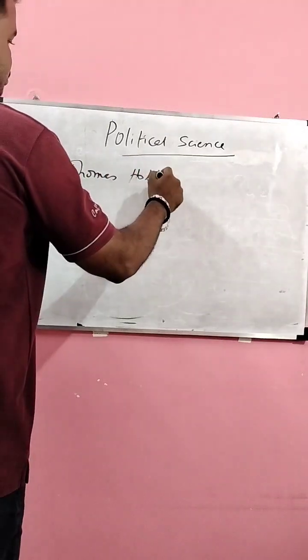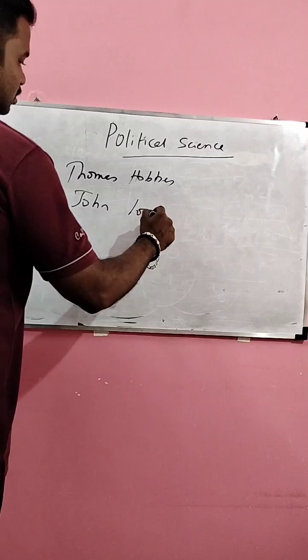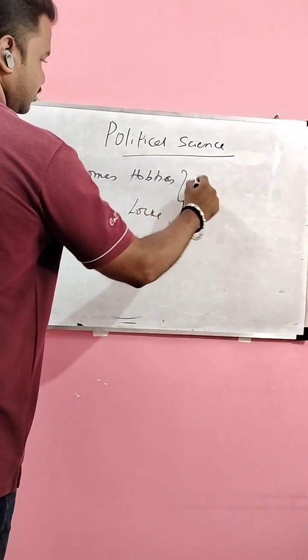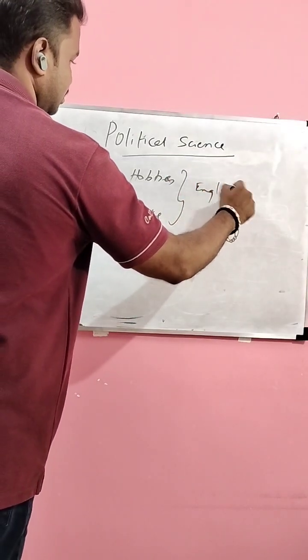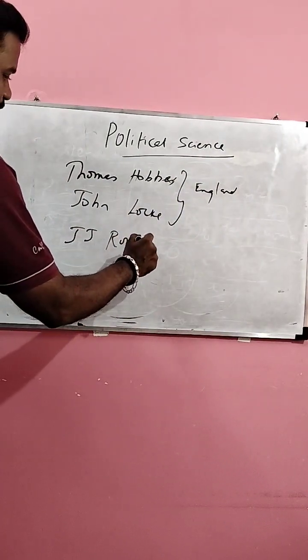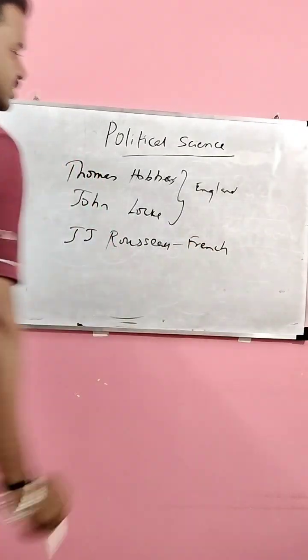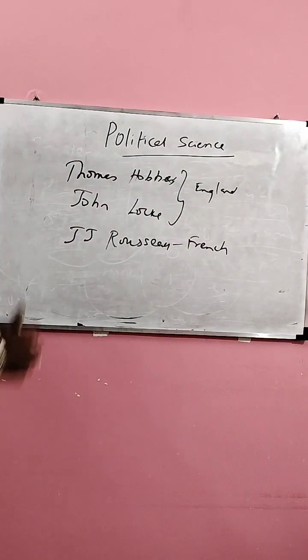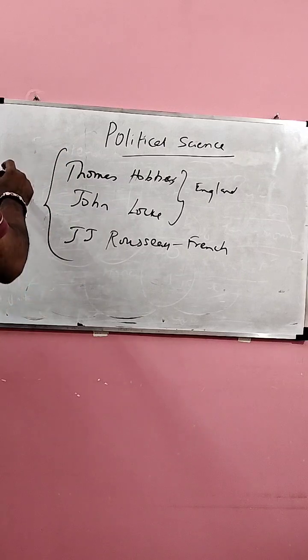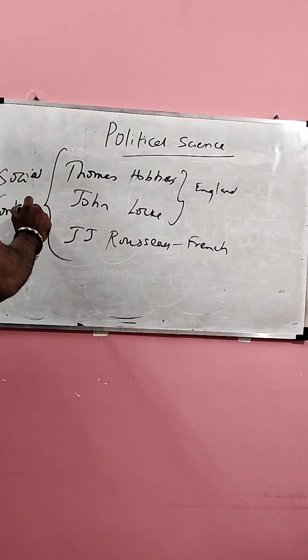Thomas Hobbes, John Locke, these two scholars were from England. J.J. Rousseau, a French scholar. These three scholars contributed to the social contract theory.